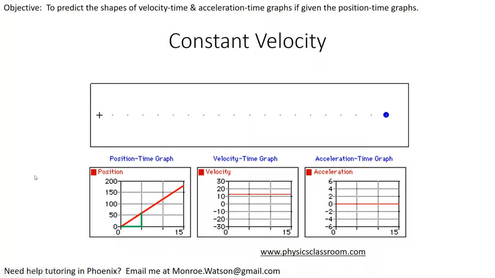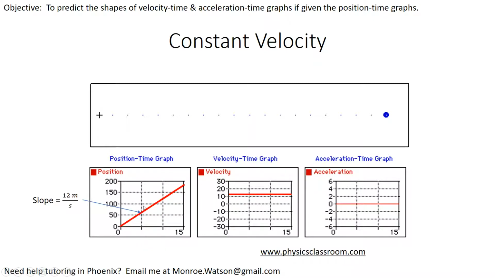So if we take a look at our rise over run, the change in our position per change in time is going to be the same. No matter where we are on this line, the change in position will always be the same per unit of time.